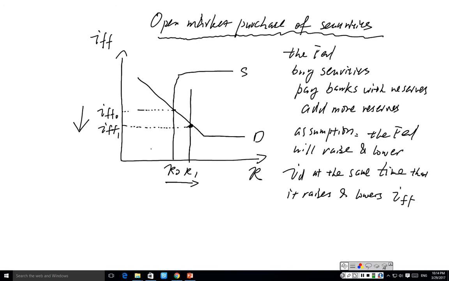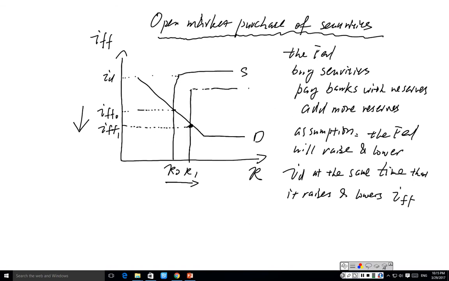Based on our assumptions, the discount rate and the federal funds rate normally move together. And we know the discount rate is kind of like a ceiling of the federal funds market. And if you see the federal funds rate reduce, in this case, the discount rate will also reduce.